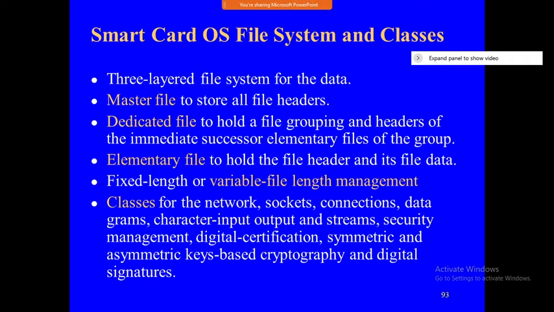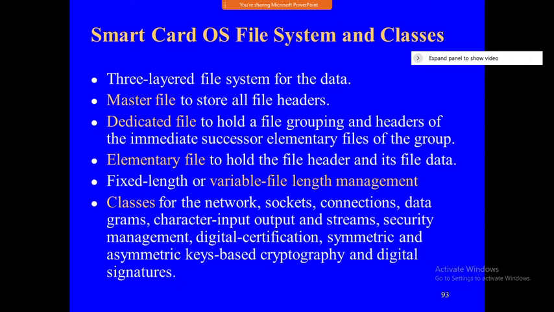Next, smart card OS file system and the classes. Three-layered file system for the data: master file to store all file headers, dedicated file to hold a file grouping and headers of the immediate successor elementary file of the group. These are the layers.